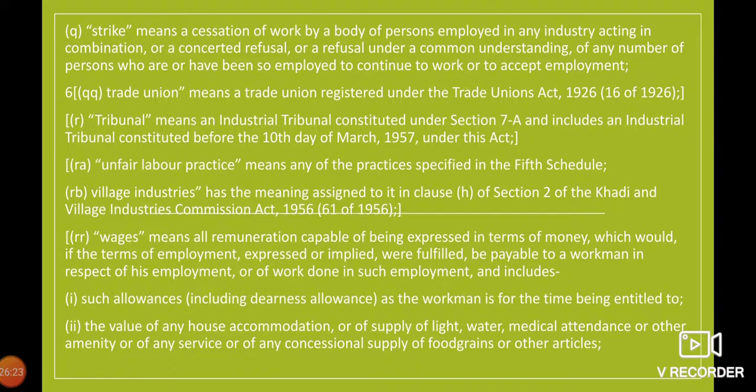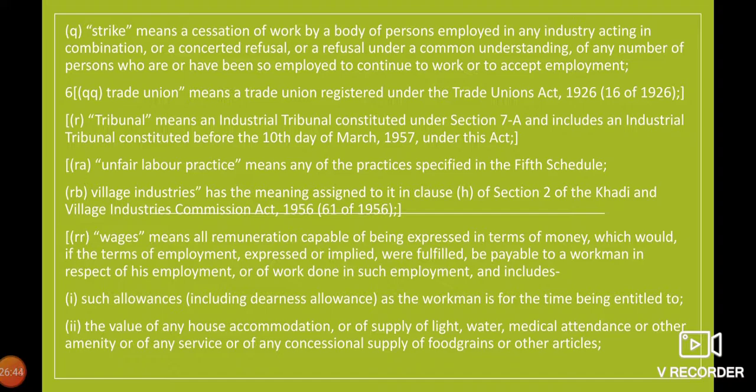Section 2, clause RR. Wages means all remuneration capable of being expressed in terms of money, right? So that should be in terms of money, which would, if the terms of employment, express or implied, were fulfilled, be payable to workmen in respect of employment or of work done in such employment, right?